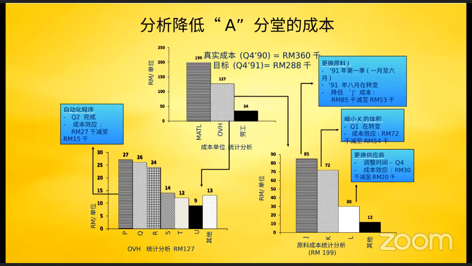On the overhead one, if you do all this, you will be able to achieve the 20% cost reduction.